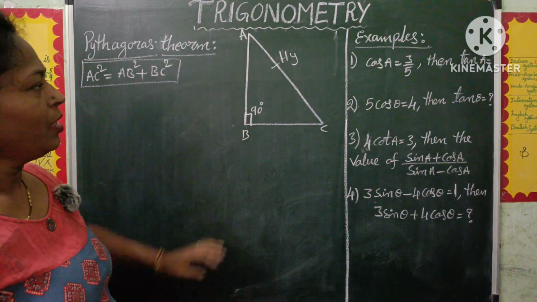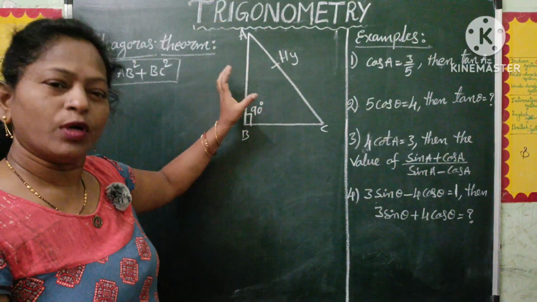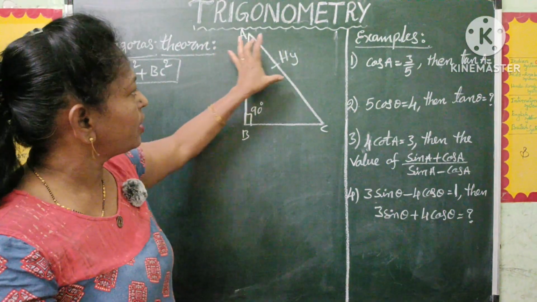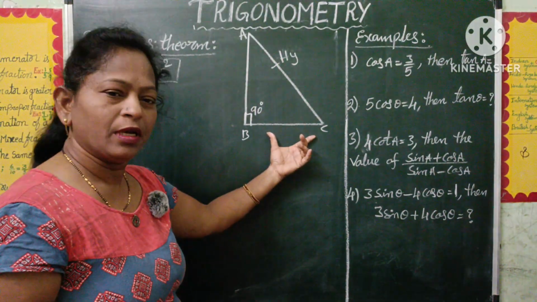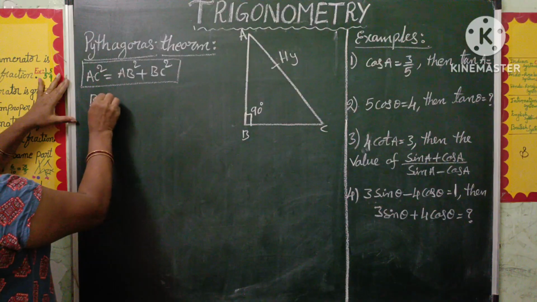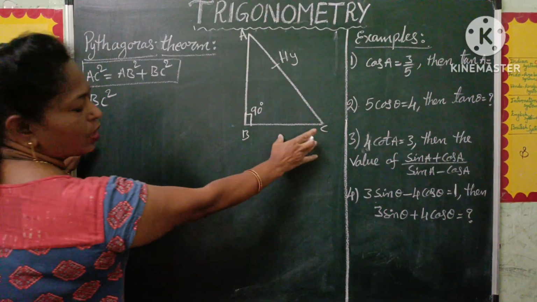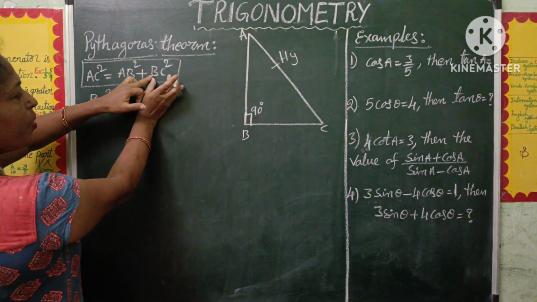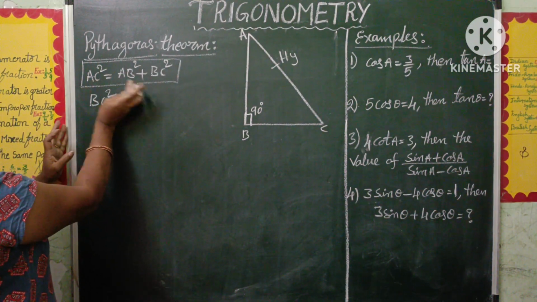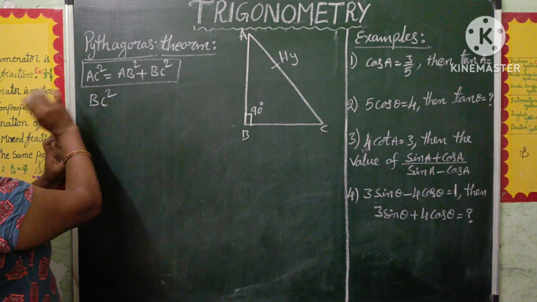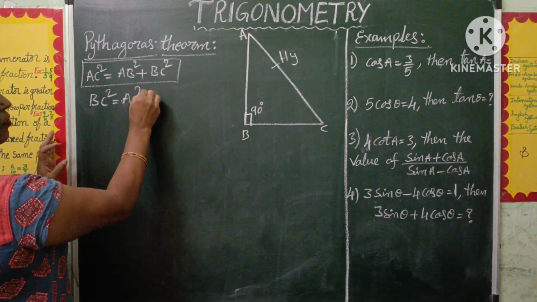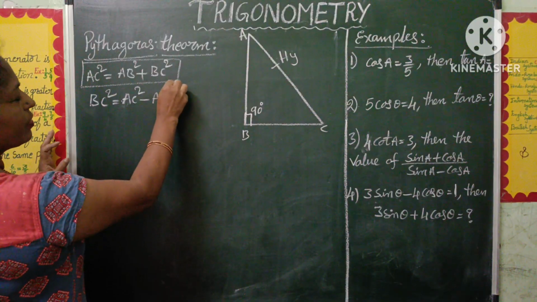In this, out of three sides we may know only two sides. Suppose we know AB and AC and we have to find BC. Then how do we use the Pythagoras theorem? Transposing AB square from right to left, plus becomes minus, so BC square equals AC square minus AB square.